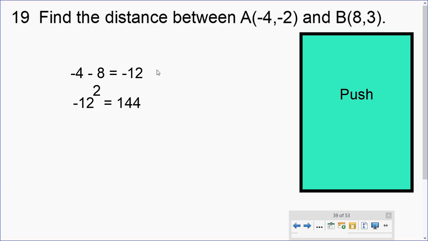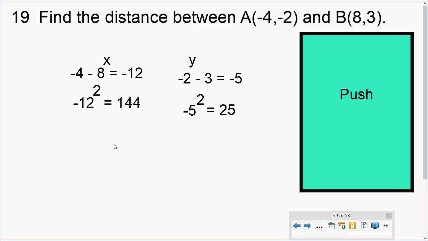Now, that's the difference between the x coordinates. Now we've got the y coordinates to deal with. So 2 minus 3 is equal to -1... and we have to take that and square it.